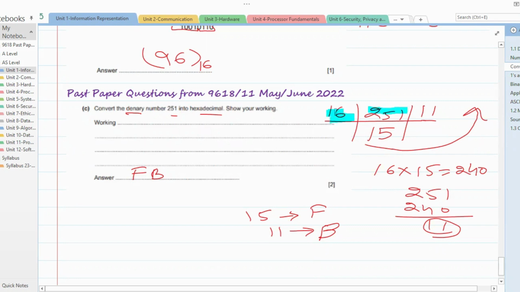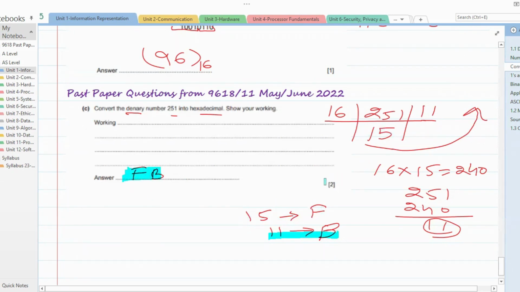I have divided 251 by 16 continuously, and till I get a quotient less than 16, I'll stop the division. 251 divided by 16: 16 times 15 is 240, so the remainder is 11, which I have written here. 15 is less than 16, so no further division, and I'll write my answer starting from downside going upward. 15 is equivalent to F and 11 is equivalent to B. So I'll write FB as the answer.